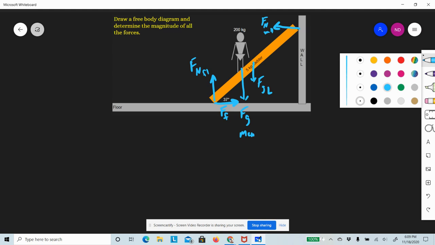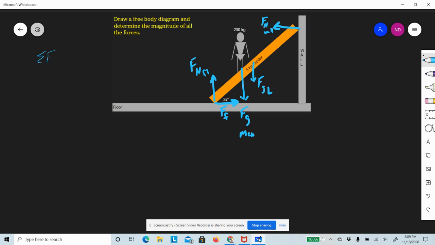Now, if we go the traditional route and sum the forces in the x direction equals ma, which is equal to 0 because it's in equilibrium, in the x direction you get the force of friction to the right minus the force normal from the wall equals 0, or the force of friction, the ladder on the floor, is equal to the normal force from the wall on the ladder.